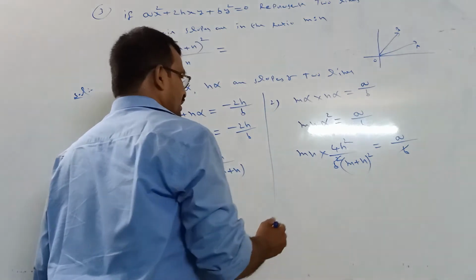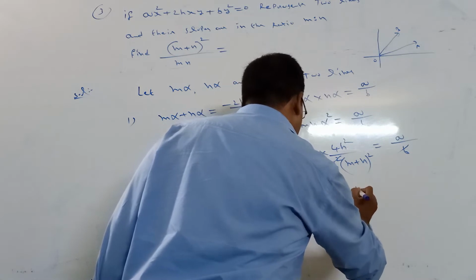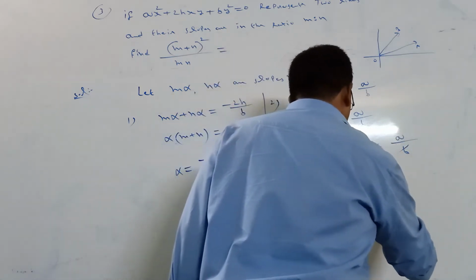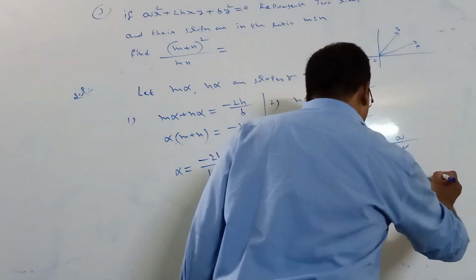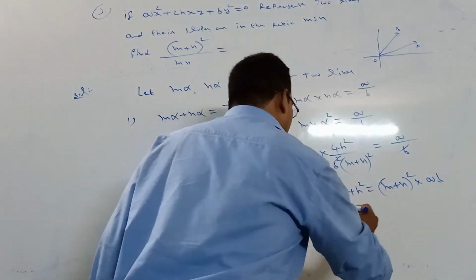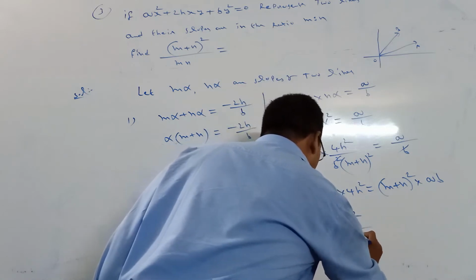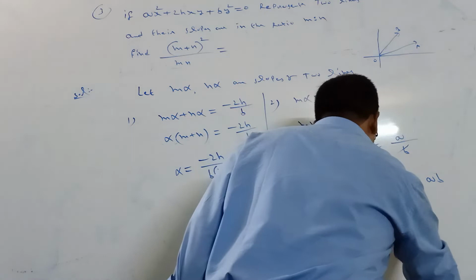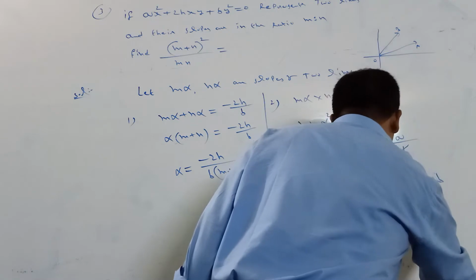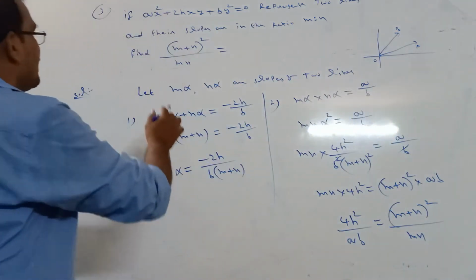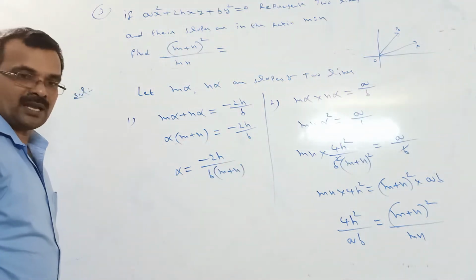Now do cross multiplication: mn into 4h square equals m plus n whole square into a. Now I transpose both sides: 4h square by ab equals m plus n whole square by mn. I want this form, m plus n whole square by mn. So then your answer is 4h square by ab.